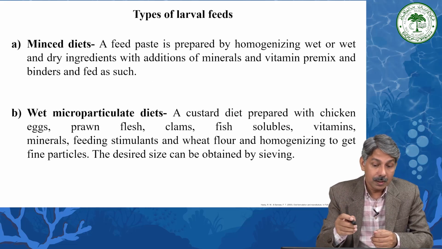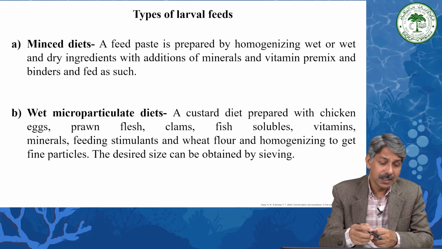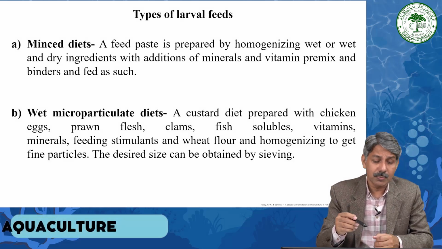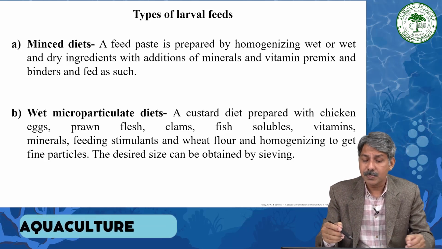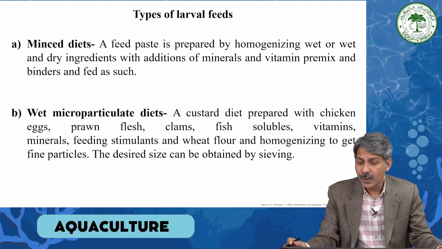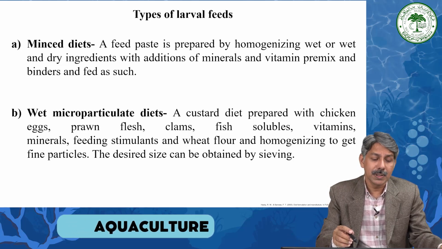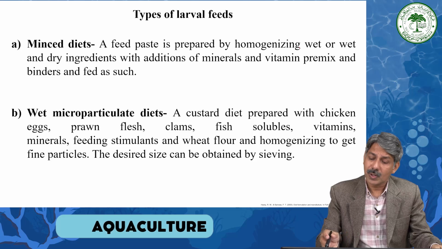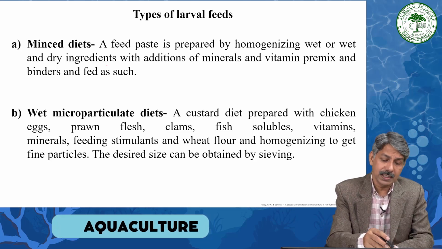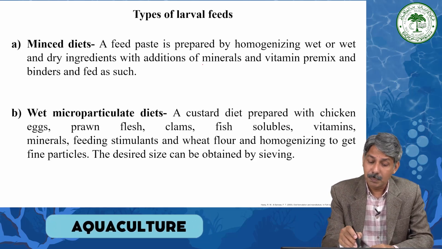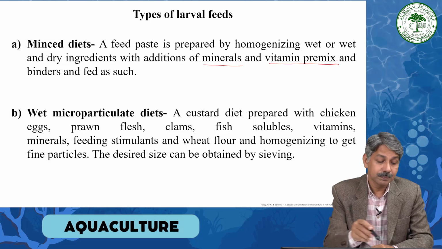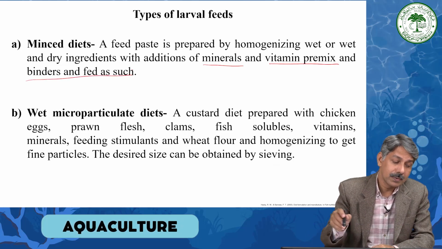Types of larval feeds: we have minced diets that we can provide. A feed paste is prepared by homogenizing wet or wet and dry ingredients, with additions of minerals, vitamin premix and binders, and fed as such.